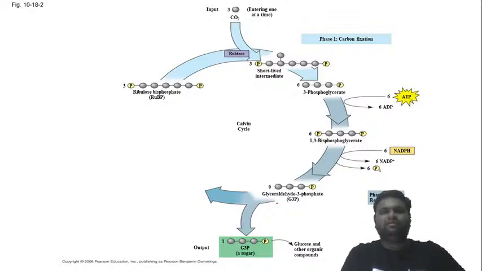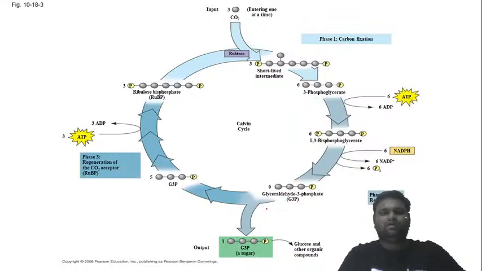So over here CO2 enters in the presence of Rubisco, RUBP carboxylase. This one is the step 1 of carbon fixation, where 3-phosphoglycerate and 1,3-bisphosphoglycerate is synthesized, which ultimately gets converted into 3-phosphoglycerate, and this is the second phase, which is the reduction phase, in which glyceraldehyde 3-phosphate is reduced, and this is the phase 3 where regeneration of CO2 acceptor RUBP takes place and ATP is used.